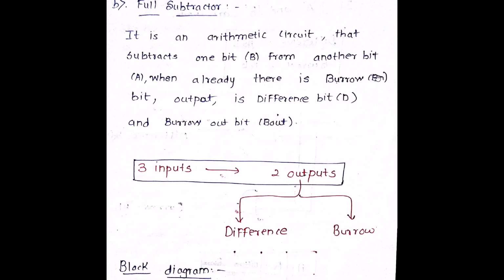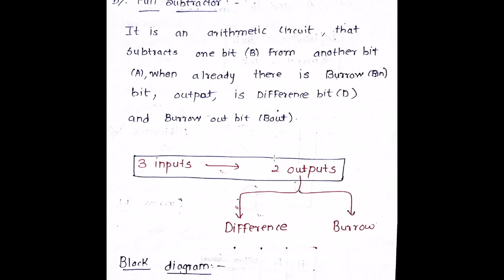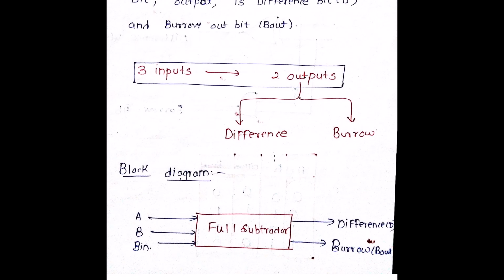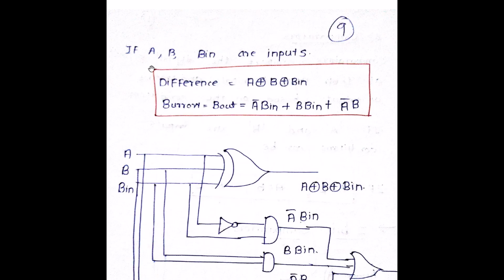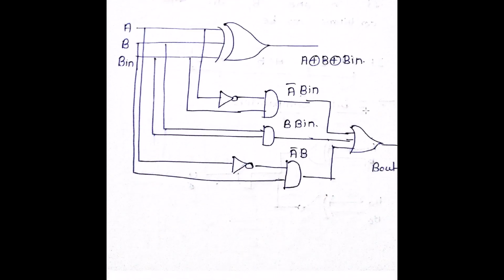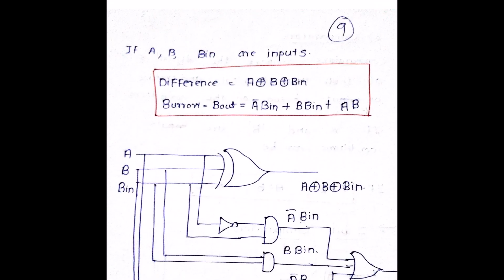There is going to be a borrow in bit which was obtained, and there are going to be 2 outputs, that is difference and borrow. The difference is A XOR B XOR B in, and the borrow is given as A bar B in plus B in B plus A bar B. Just put it in the form of a logical diagram, and that's it.